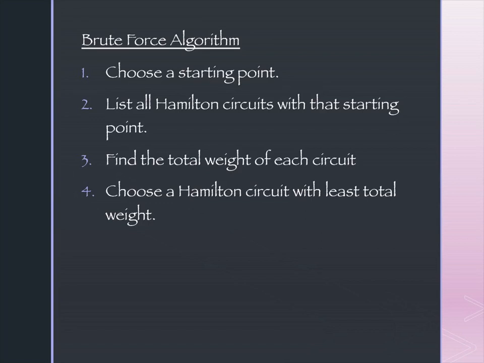The brute force algorithm says that you're going to choose a starting point, and you're going to list all Hamilton circuits with that starting point. And then you're going to find the total weight of every single circuit, and then you're going to pick which one's the smallest.